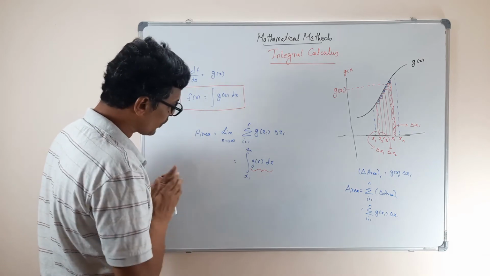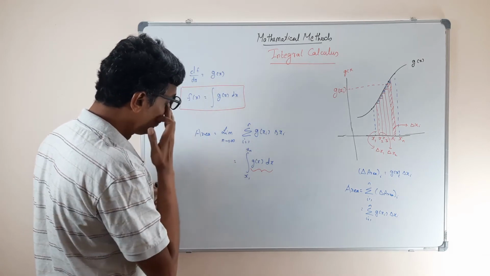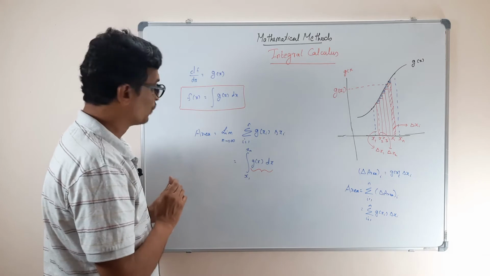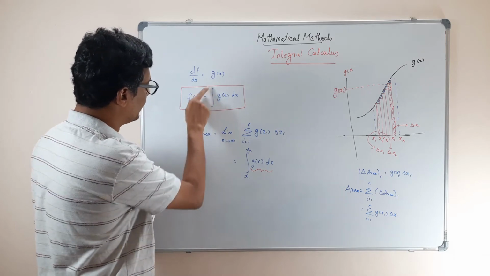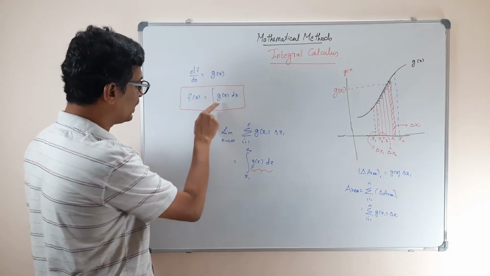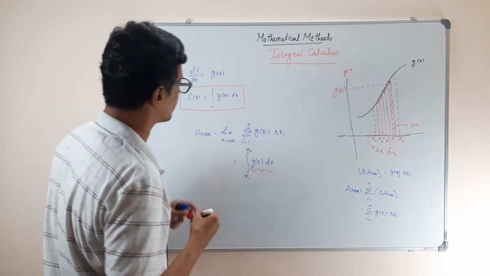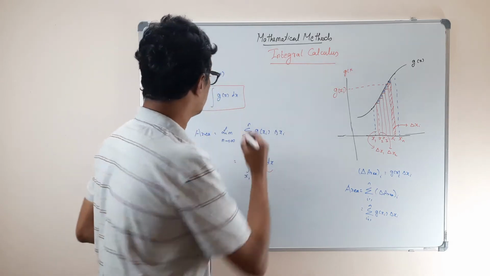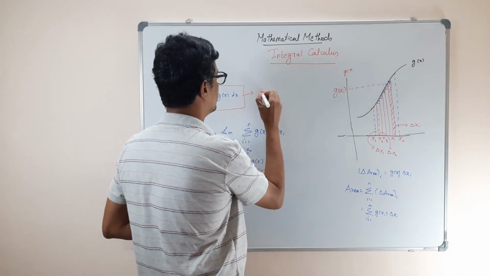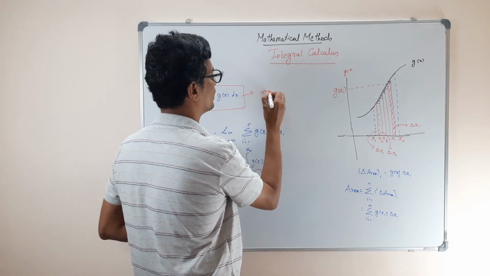Now we can see that you are getting two types of integrations. One integration is without any limit, that is g of x dx. This integration is called the indefinite integral.